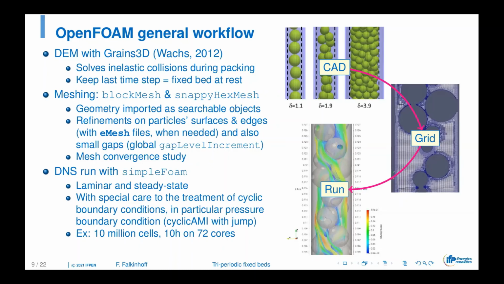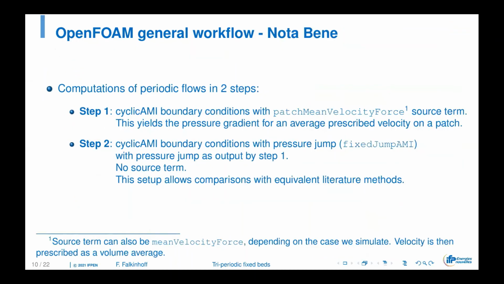Basically, we also have some extensions based on simpleFOAM. For the cyclic, you have to be careful of what you are doing, in particular on the pressure boundary condition. I will come back to that on this slide. So when we have, let's say, a cubic multi-periodic volume, in step one we apply a cyclic AMI boundary condition with a source term, which is based on either the patchMeanVelocityForce function in OpenFOAM, or meanVelocityForce.